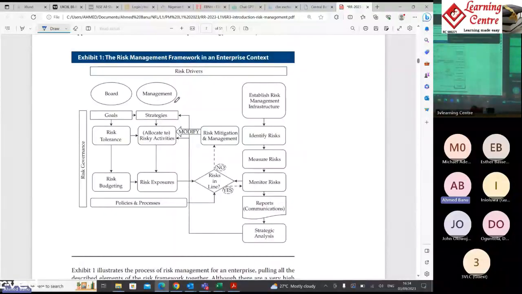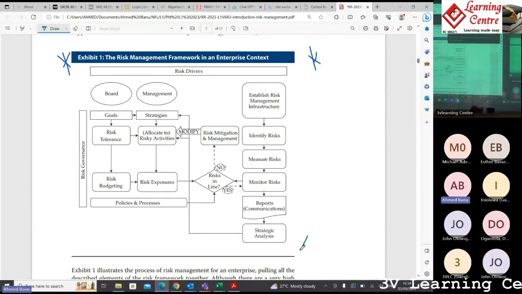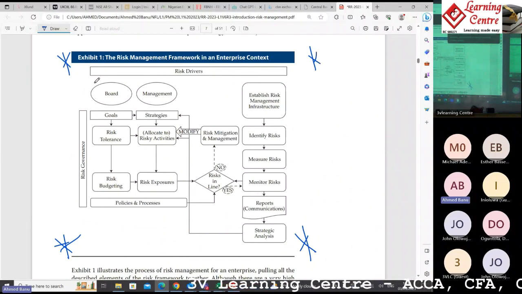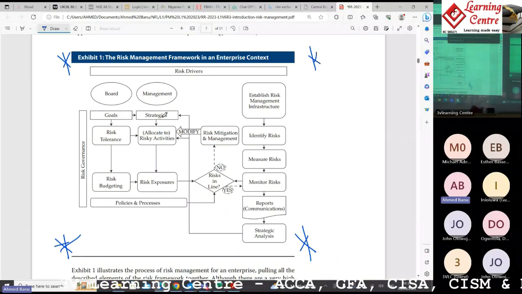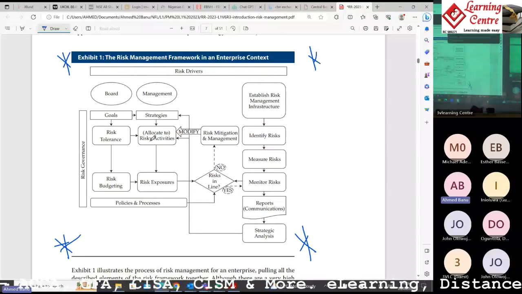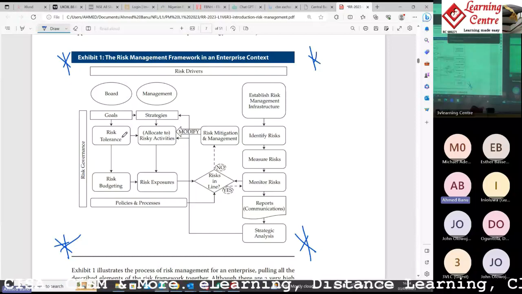Now, this diagram that you have here, this very nice diagram, is some sort of like your risk management framework that the CFA has sort of provided to us. So this is your risk governance, this is your board. It determines your risk goals. You have the management that determines the strategies to achieve those goals. The board sort of determines the risk tolerance. Then you as the management carry out the risk activities in line with the risk tolerance.